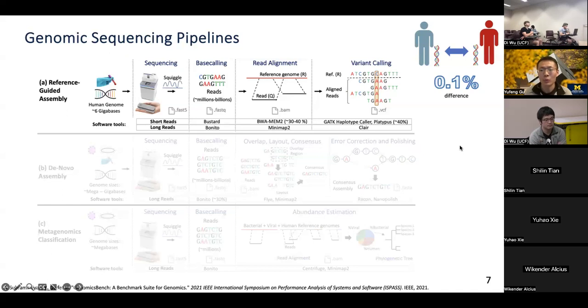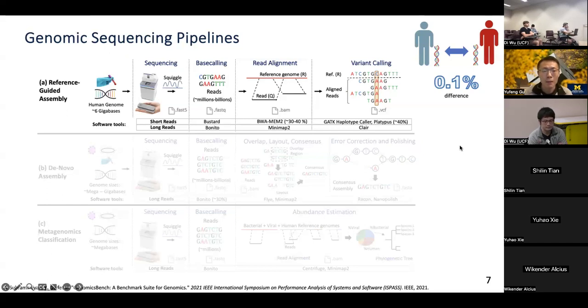So that's why we could first build a reference for the entire human being and then test the sample DNA for each individual against this reference. And this will reduce the difficulty of sequencing the entire DNA sequence for each individual. So it makes it much easier than sequencing from scratch.